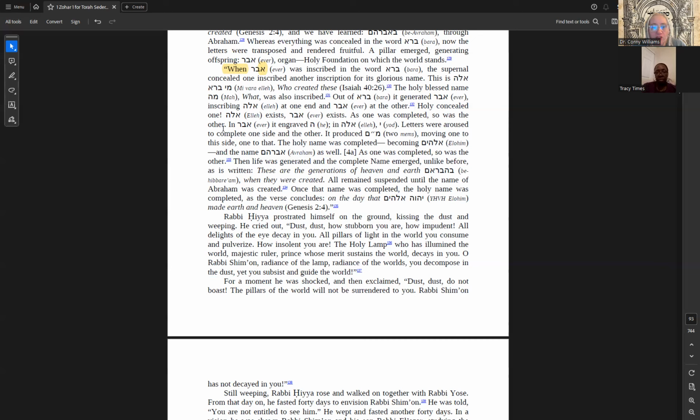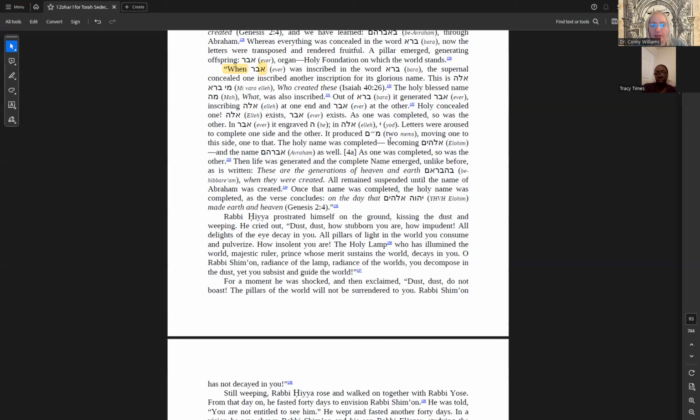Letters were aroused to complete one side and the other. It produced two mems, moving one to this side and one to that. The holy name was completed, becoming Elohim.